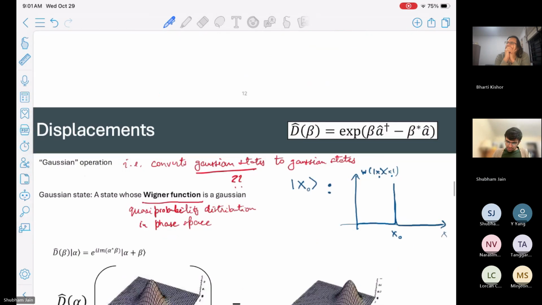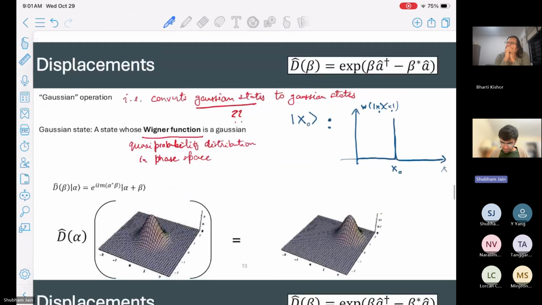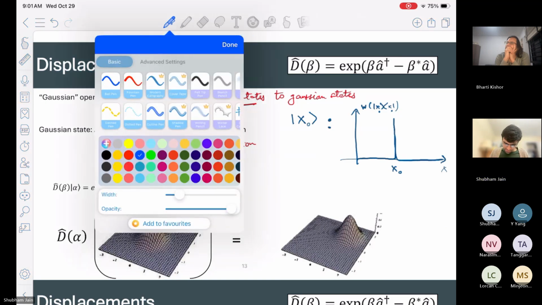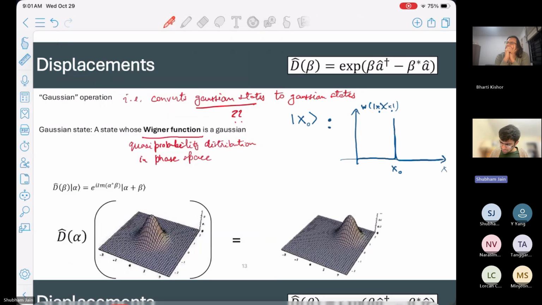So let me just give another example of these Wigner functions and how this works. This is how you would write down a displacement operator, which is the exponential of beta a dagger minus beta star a. And beta is the parameter which characterizes how much you're displacing your system.